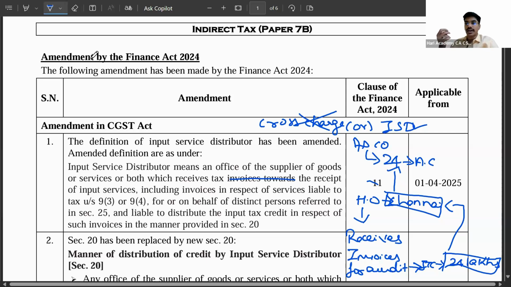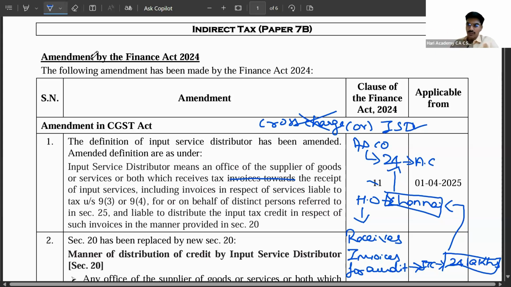The question is whether this is right or wrong, whether they can do it or not. There was confusion. There was no clarification till 24. The processes were left to do whatever they want. But from 1/4/2025, it has been made clear that only ISD mechanism has to be used, and there is no concept of cross-charge mechanism from 1/4/2025 in the GST law itself.